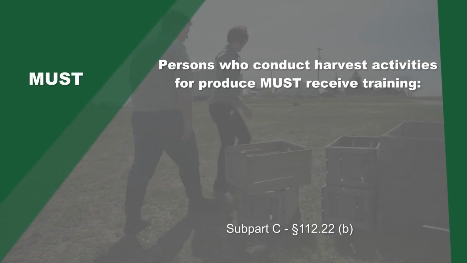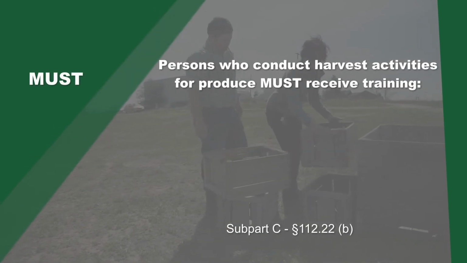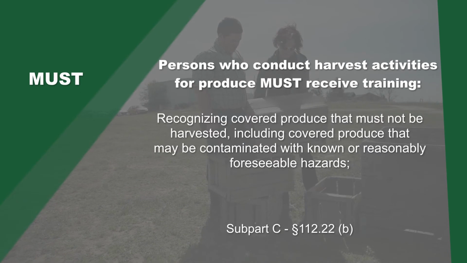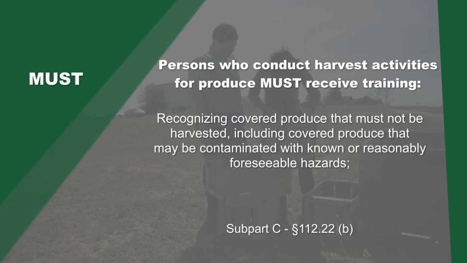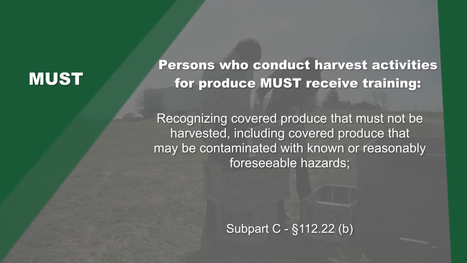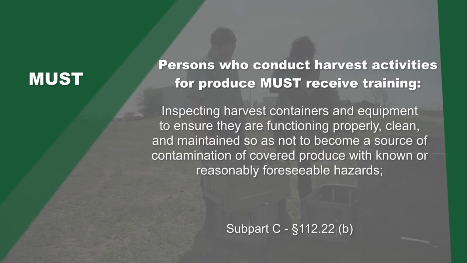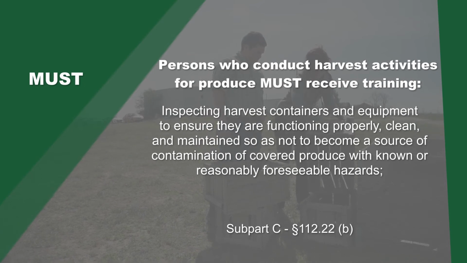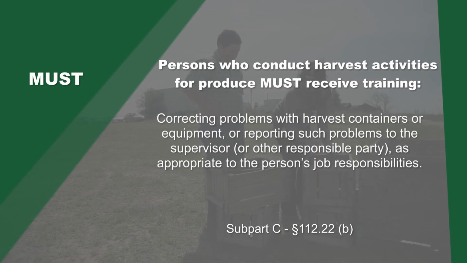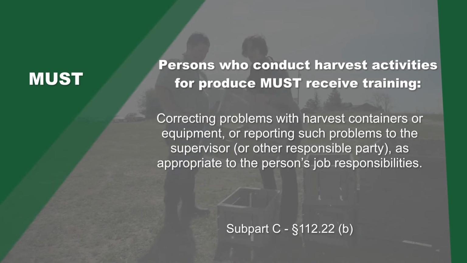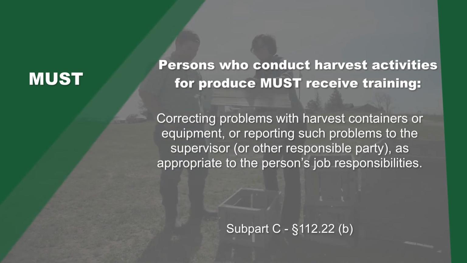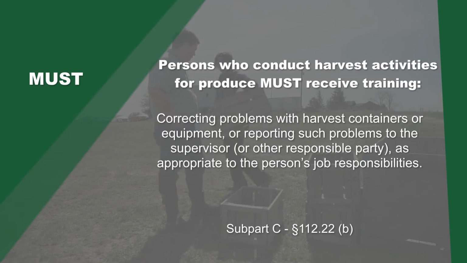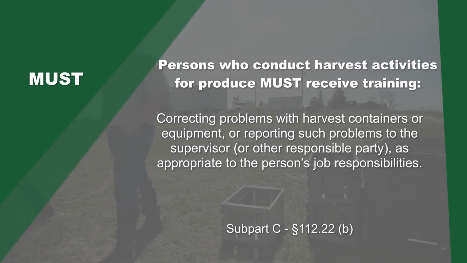Persons who conduct harvest activities for produce must receive training that includes recognizing covered produce that must not be harvested, including covered produce that may be contaminated with known or reasonably foreseeable hazards, inspecting harvest containers and equipment to ensure they are functioning properly, clean, and maintained so as not to become a source of contamination of covered produce with known or reasonably foreseeable hazards, and correcting problems with harvest containers or equipment, or reporting such problems to the supervisor or other responsible party as appropriate to the person's job responsibilities.